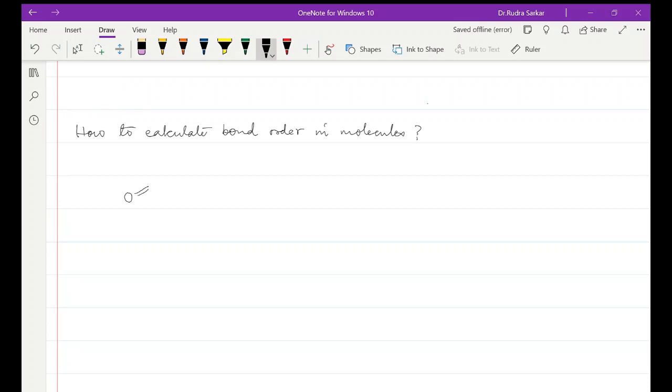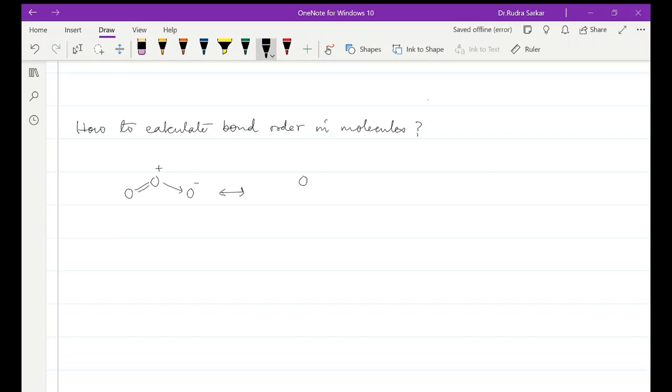I'll take the resonating structures of ozone, and there will be two of them. Okay, so what is the resonance hybrid?